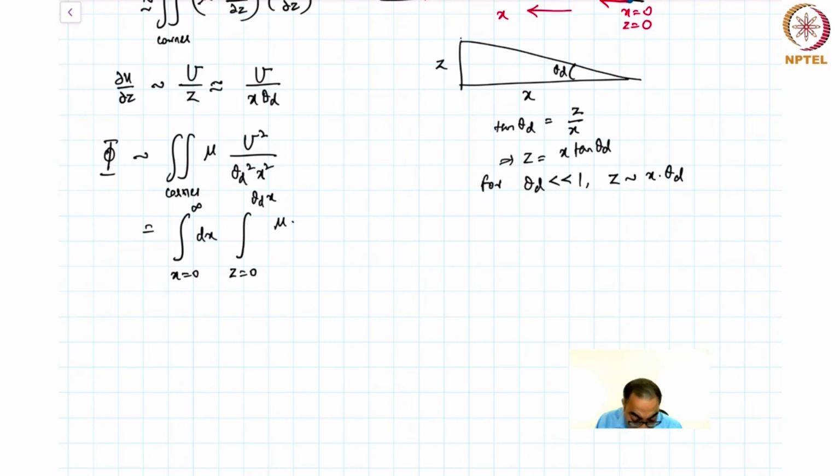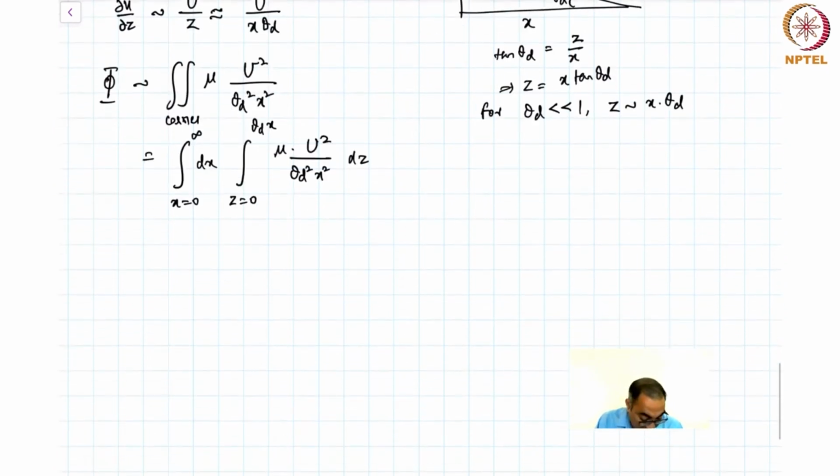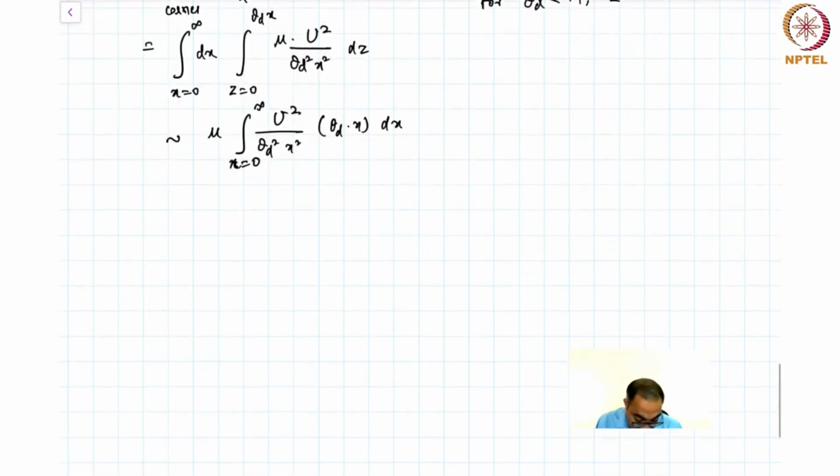So we have mu times U square by theta d square x square dz, and this essentially gives me, with x going from 0 to infinity, U square by theta d square x square times theta d x, right?